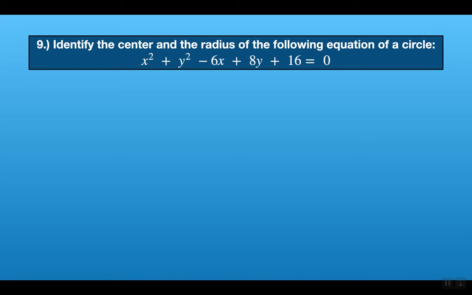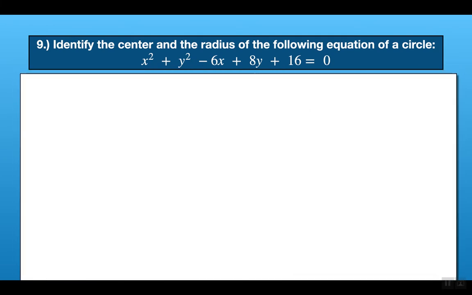So for starters, let's take the equation that they gave us and put the x's with the x's and the y's with the y's, because as you can see, they gave it to us kind of scrambled. So I put x squared minus 6x together and y squared plus 8y together.